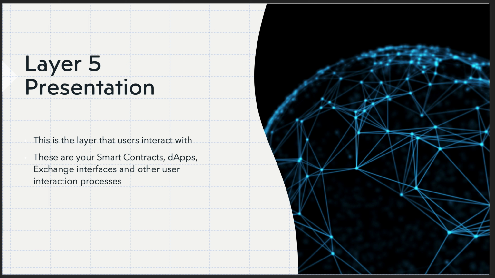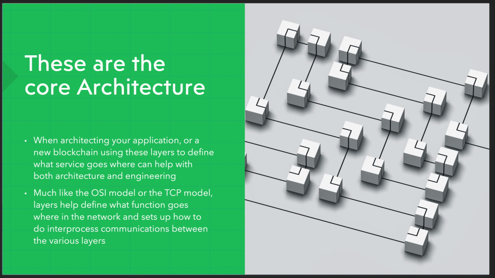This is where your users interact with your application or your smart contract, your exchange interface, your website, anything else that has a user interaction process, including something as simple as building a wallet or signing up for a wallet, can all be at layer 5. Layer 5 is always the final layer, always where the user interacts with the system. So essentially that's your 5-layer cake.